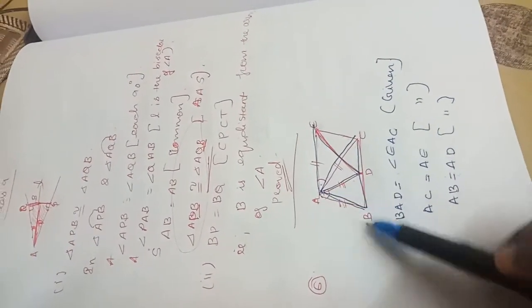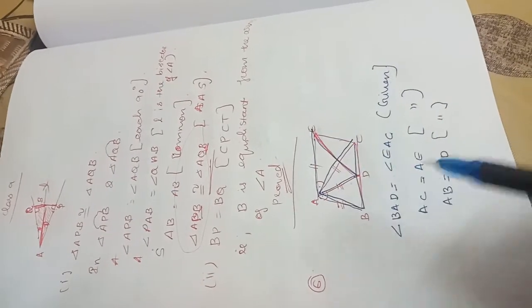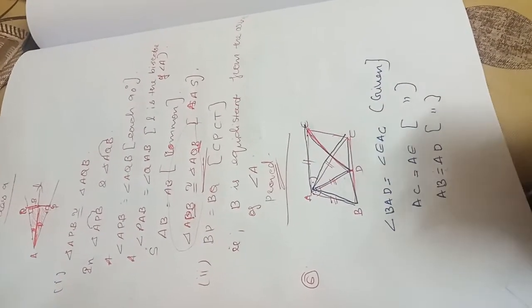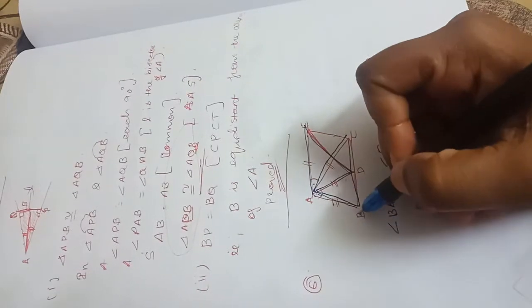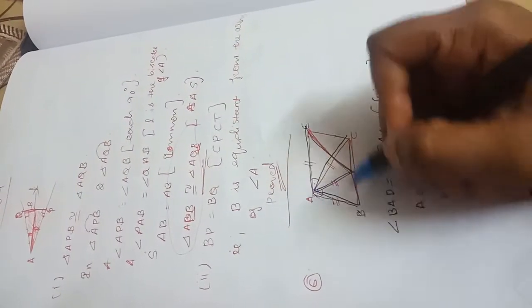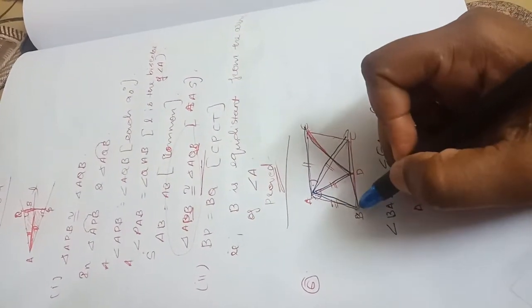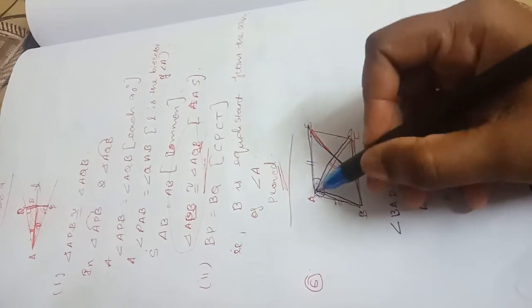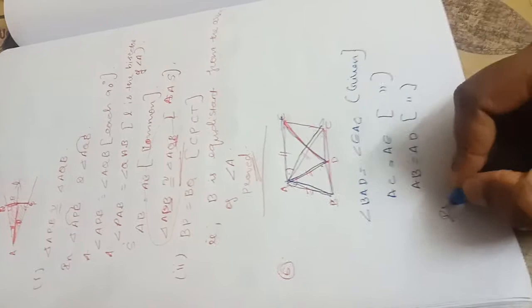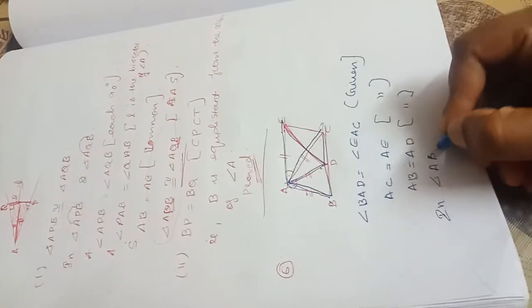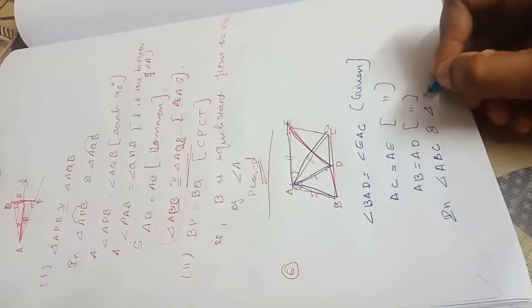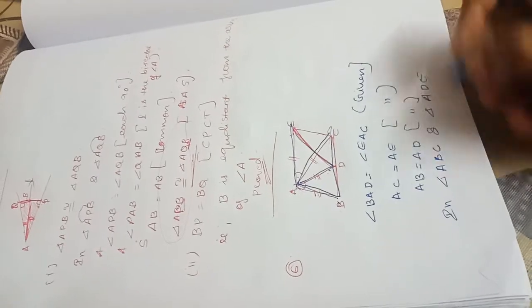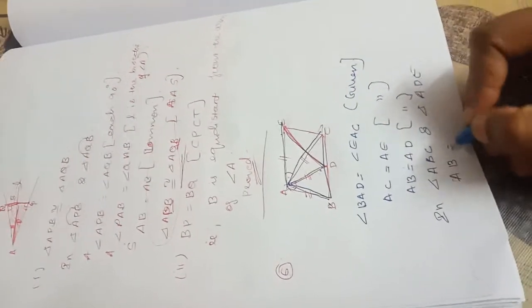ABC and ADE. In these two triangles, we can write AB is equal to AD: AB in triangle ABC and AD in triangle ADE, correct?